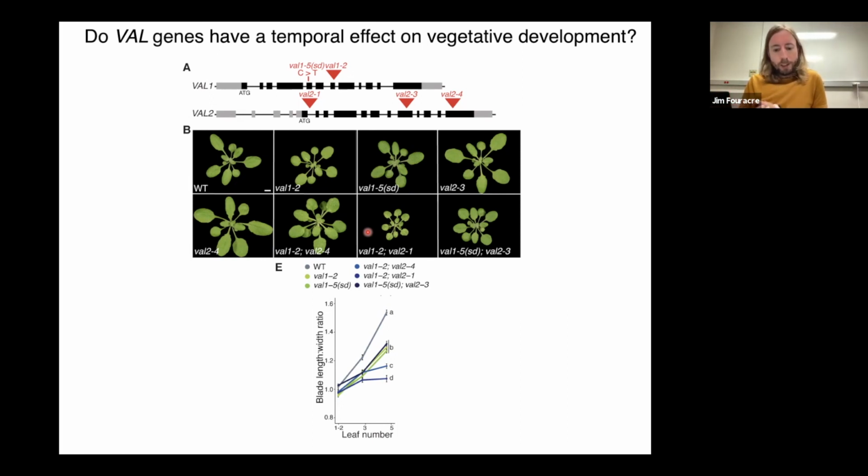Val genes are part of a much bigger family, but it's only really Val genes and their sister clade, FUS3, ABI3, and LEC2, which are regulators of embryogenesis, that actually bind RY sites. So it's a very unique interaction between a relatively small set of transcription factors and RY sites.